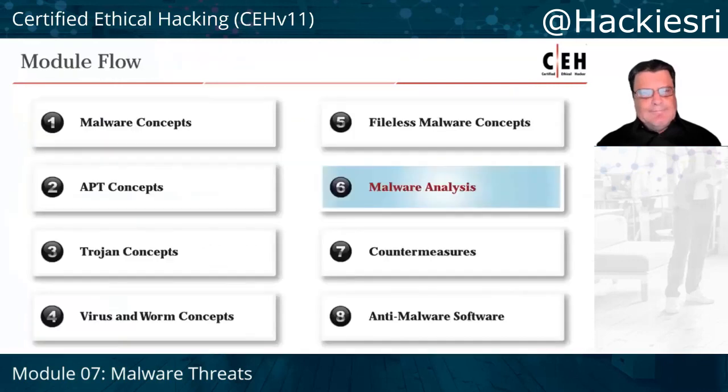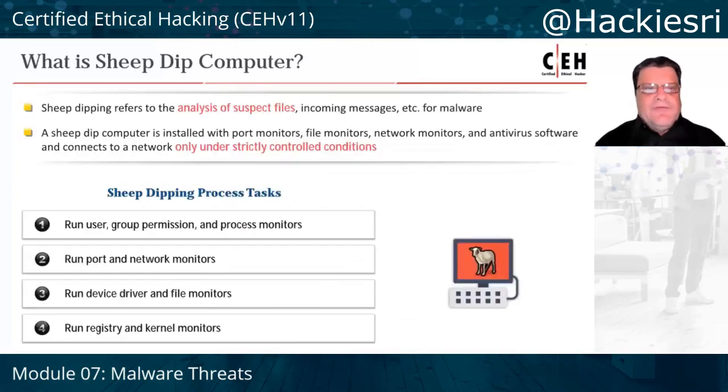Next, we have malware analysis. Malware analysis is perhaps the most complex and yet most profitable way to diagnose the nature of an attack and also its source and possible intent. What is a sheep dip computer? Sheep dipping refers to the analysis of suspected files and incoming messages, etc. for malware.